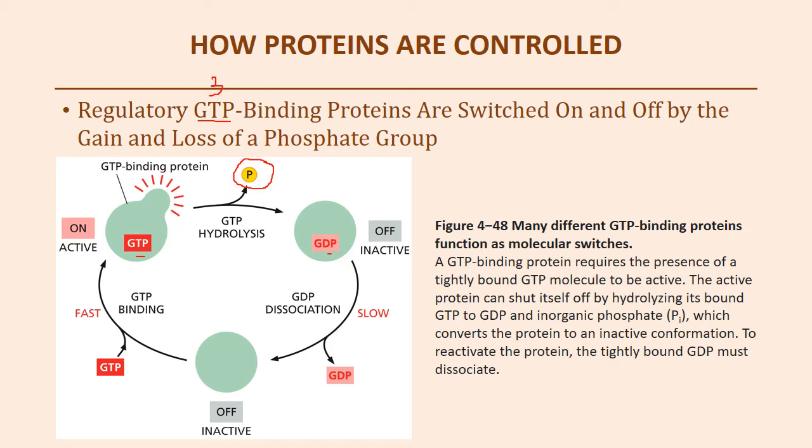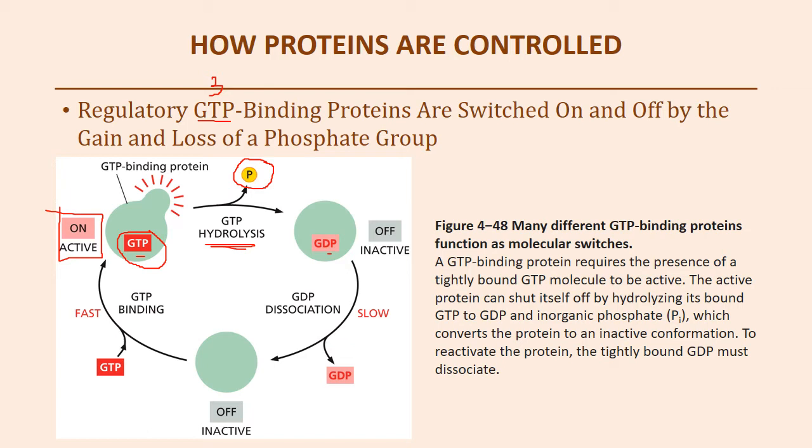Now, some proteins are classified as GTP binding proteins. What that means is that in order for them to be fully activated, they need to have a GTP molecule bound to themselves. When the GTP molecule binds, it turns on the enzyme or the protein, and it will continue to stay on until the GTP molecule hydrolyzes, meaning it uses water to pull itself apart.